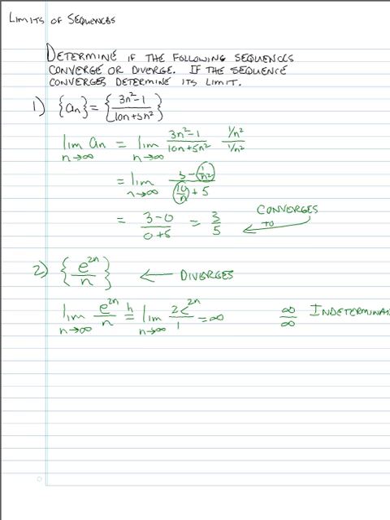Let's look at this one. The sequence made up of the terms n squared over 2 to the power n minus 1. So the denominator is 2 to the power n minus 1.